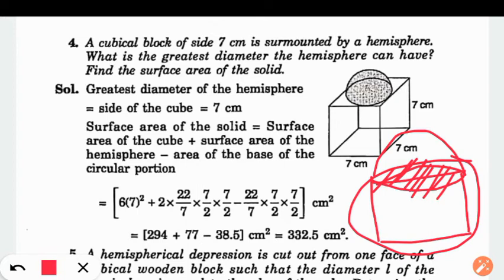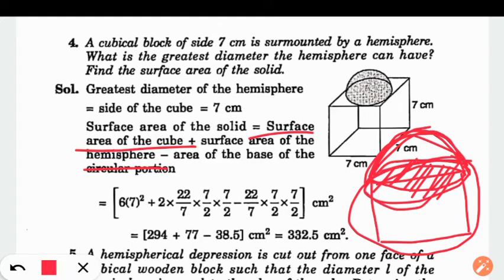So surface area of the cube plus surface area of the hemisphere. Surface area of the hemisphere, which means this one, right? But at the time of finding the surface area of the cube, we will consider this one also. That is why we have to exclude this portion, because there is no material there. That is why minus the area of the base of the circular portion.